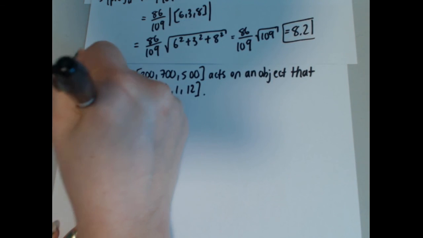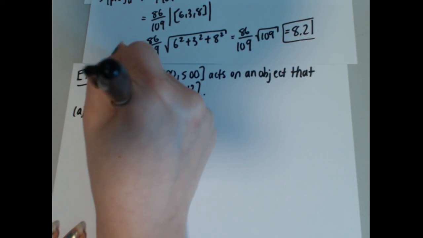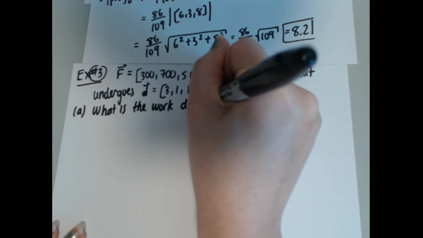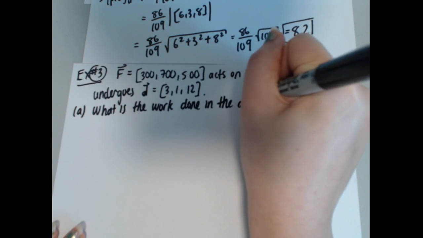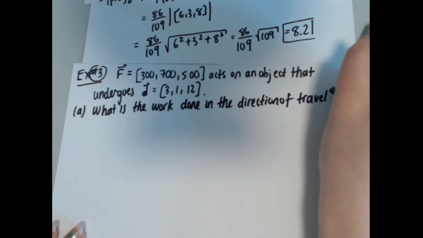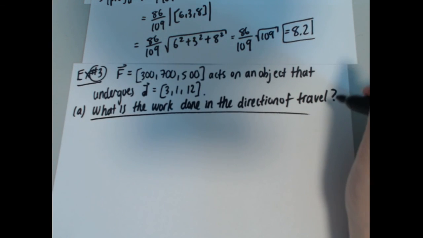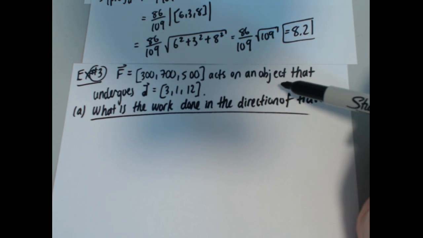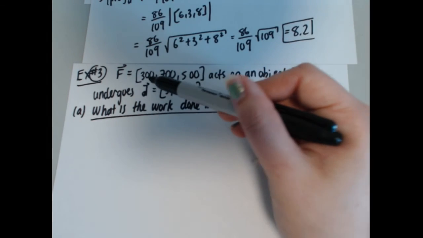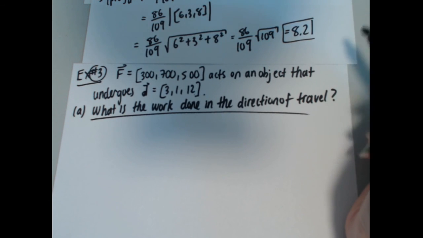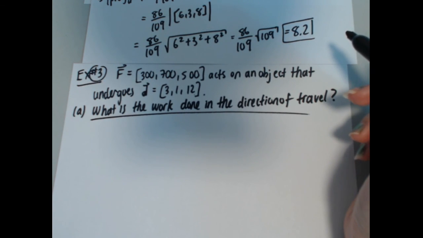So part A, what is the work done in the direction of travel? Now, it's moving in a certain direction, and these are the forces acting on it. It has a certain component in the x, there's the x, the y with y, z with z. So we're just going to interpret this as the generalized dot product.